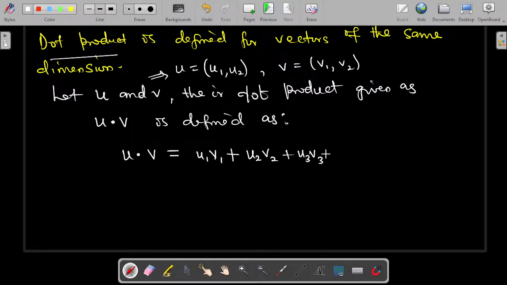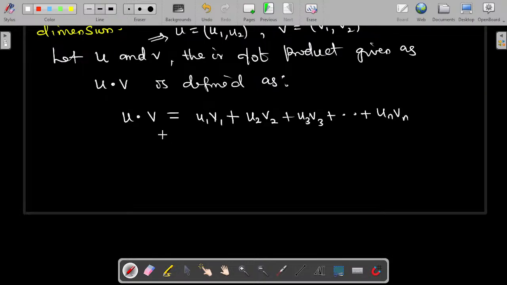If they have a fourth component, you keep multiplying and adding until you get to the last component. I hope everybody understood what I said. If you have two vectors u and v of n components, their dot product is just multiplying each corresponding component and adding until you get to the last. We are going to back it up with examples. So let's begin with examples. Example 1.